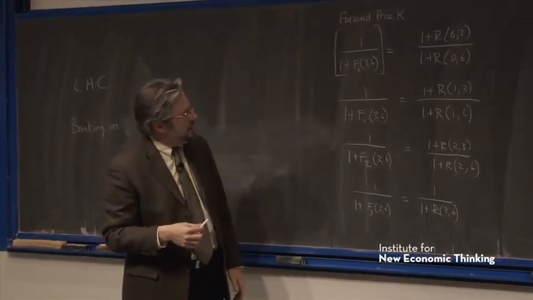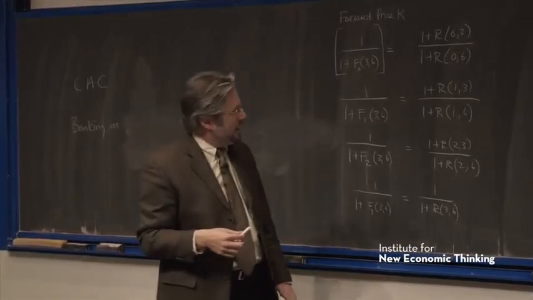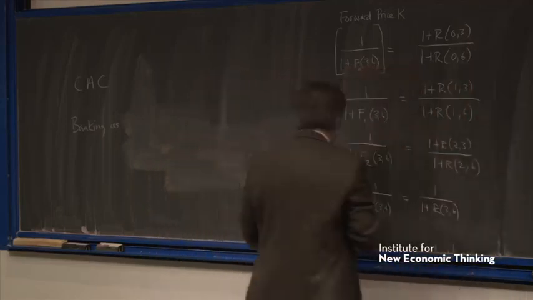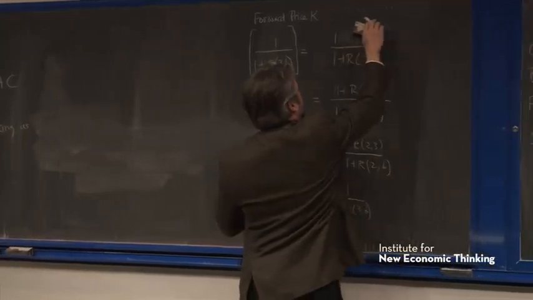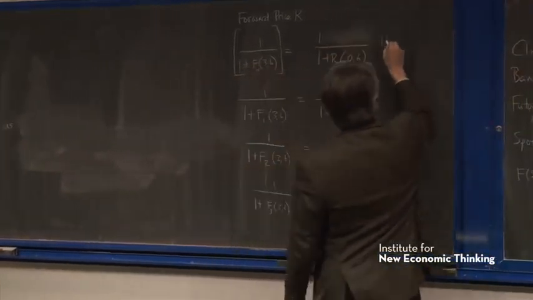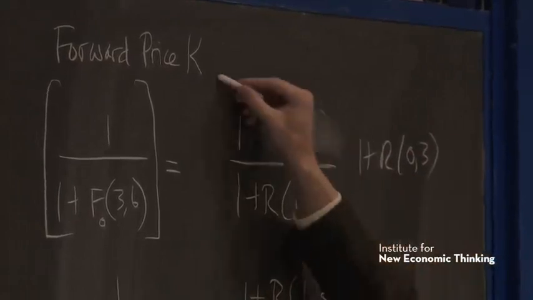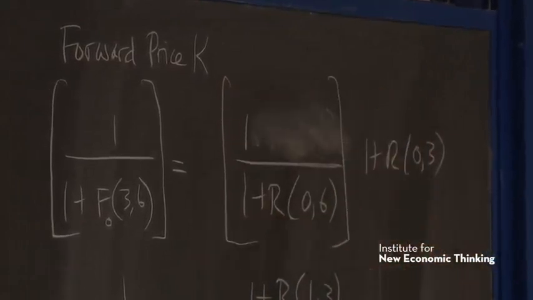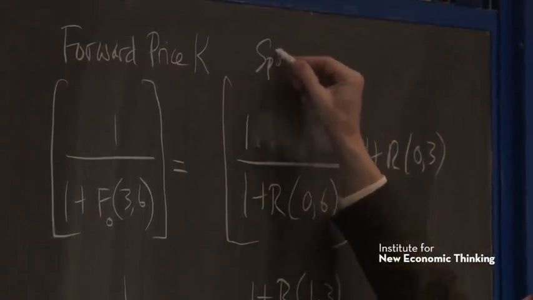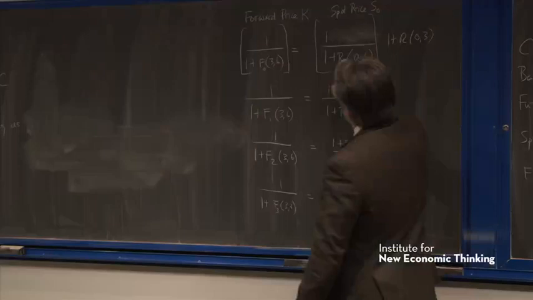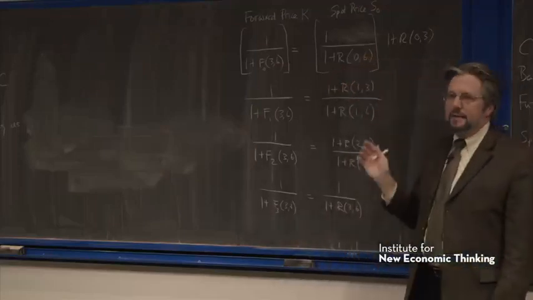And then let's separate these out. Let's call this term the spot price, because it's the price of a 6-period bond.